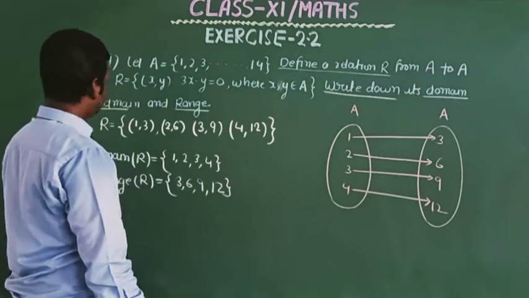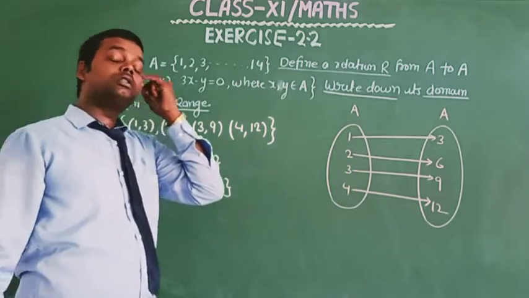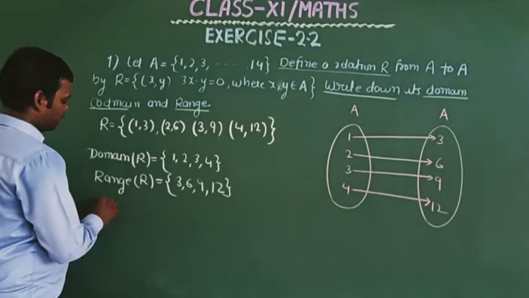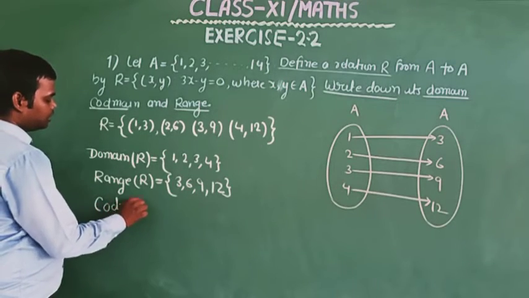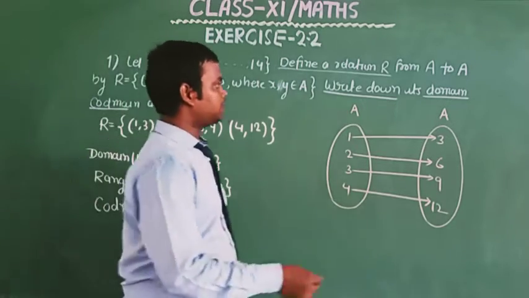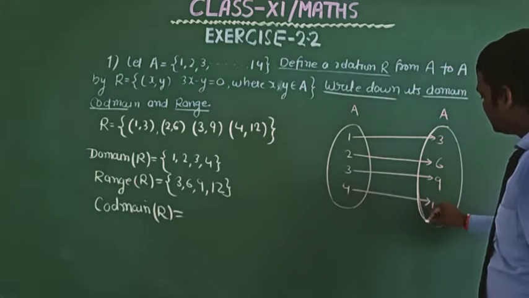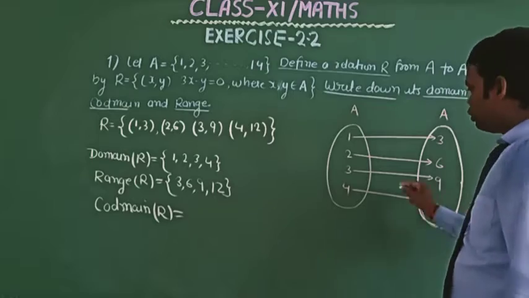Range is the set of all second elements of the ordered pairs in a relation, and the whole set is called the codomain.